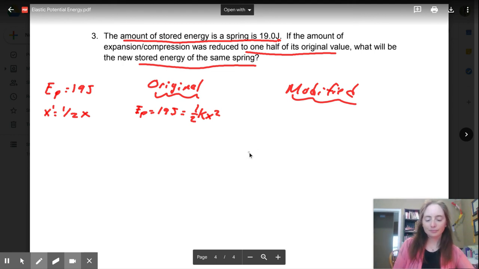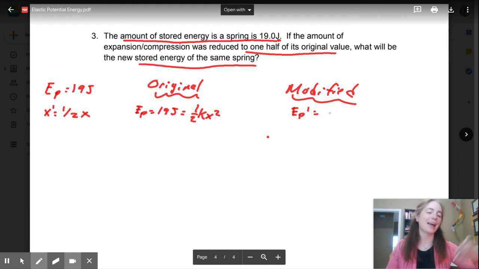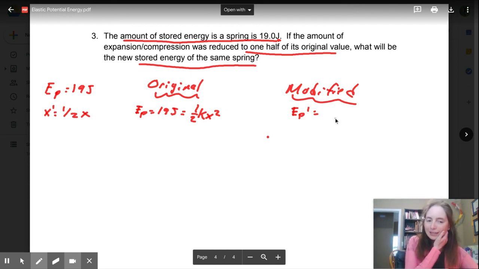All right. Now, in the modified equation, I'm trying to find EP prime. Remember what I mentioned earlier, prime means after or modified, okay? So I need to figure out, well, what is it? I know that my x prime, so my modified x, is half of what it was over here, okay?